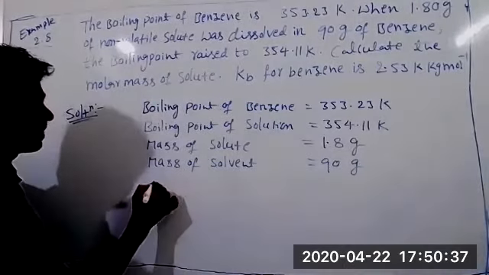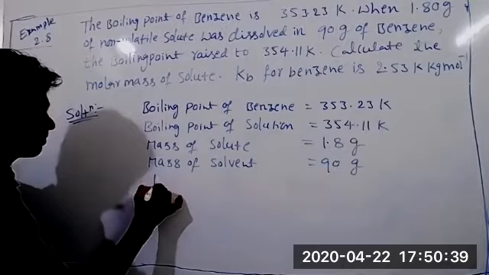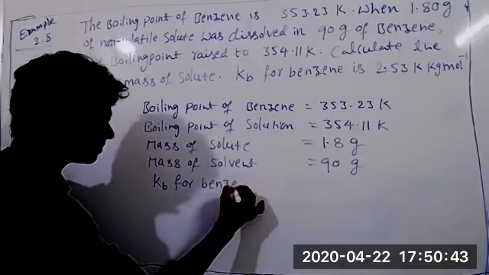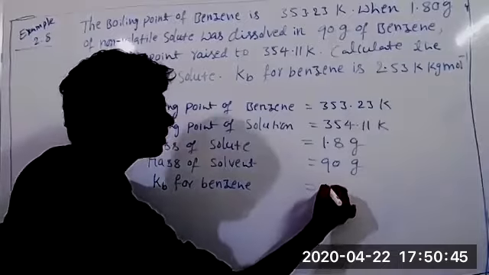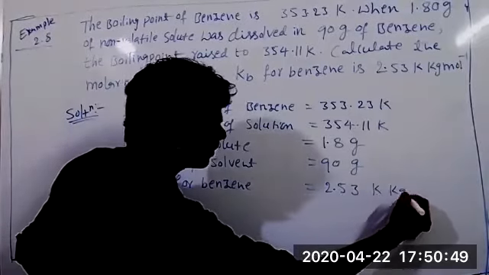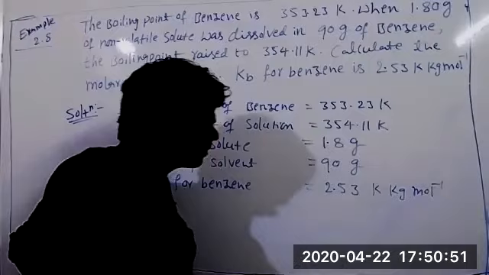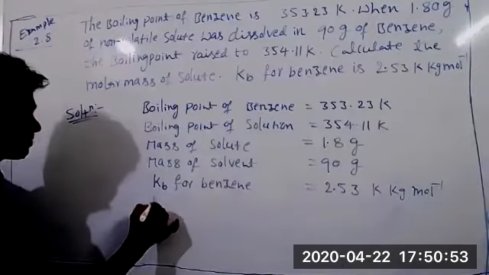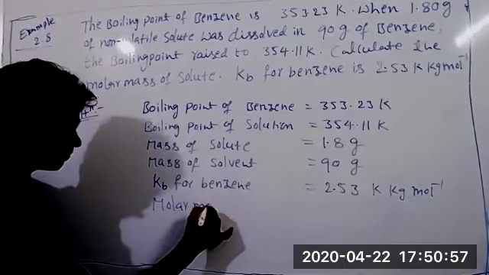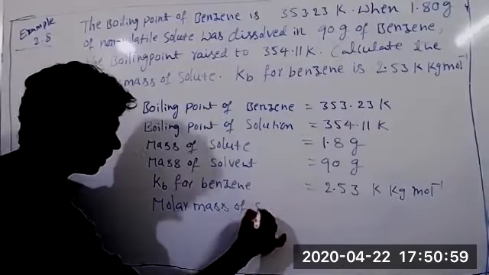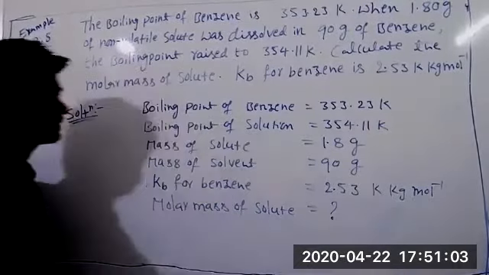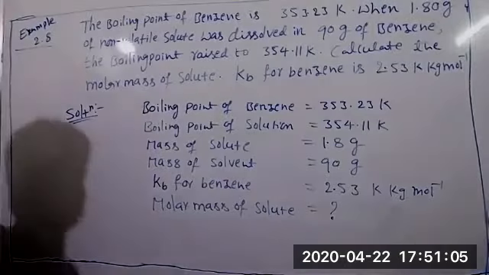And Kb for benzene, the constant value, is equal to 2.53 Kelvin kilogram mole inverse. Finally, we have to calculate the molar mass of solute. This only we need to calculate. Write this.